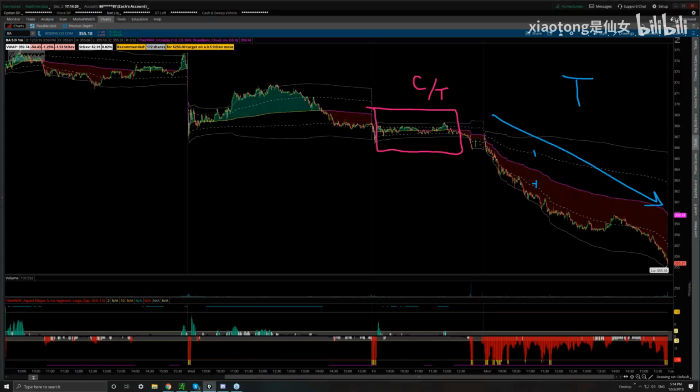So let's draw that as a basic example for everyone to kind of see, almost like a textbook example of it. During a counter trend market, we're going to have a flat volume weighted average price. We're also going to be oscillating. I'm going to pick a different color here.